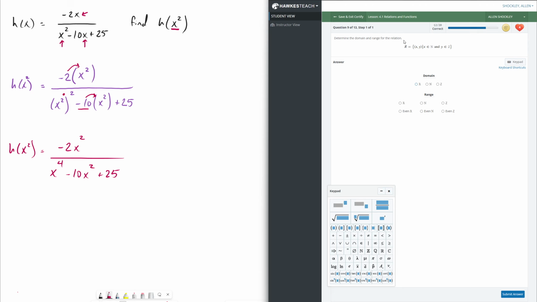Determine the domain and range for the relation. The range R equals this. X is all N's and Y is all Z's. Submit? Yeah. I hate these. A lot of it just comes down to reading this part.